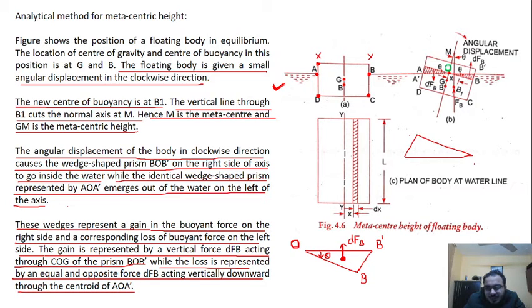So this will be, let's say, point O, A prime and A. This angle will be theta, and as this is the loss of buoyant force, it acts through the center of gravity of this prism, and it will be downward dFb.